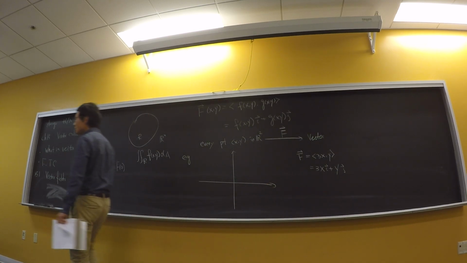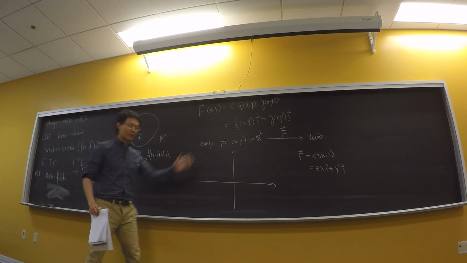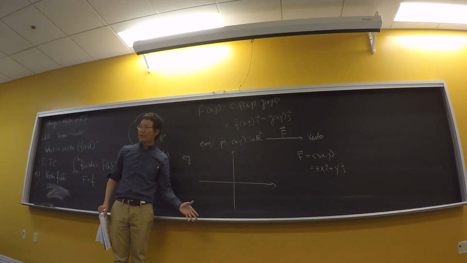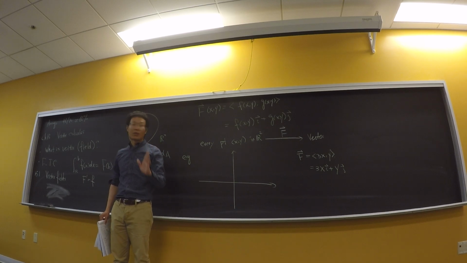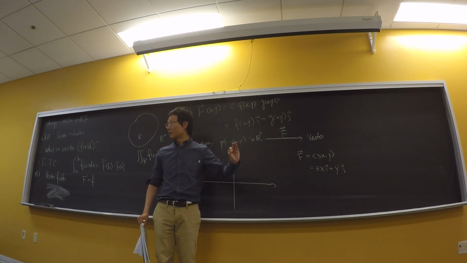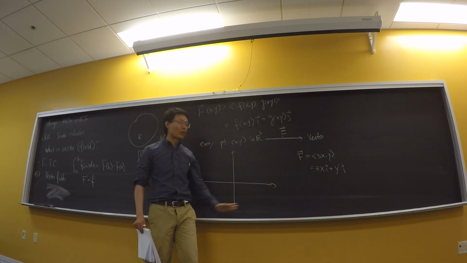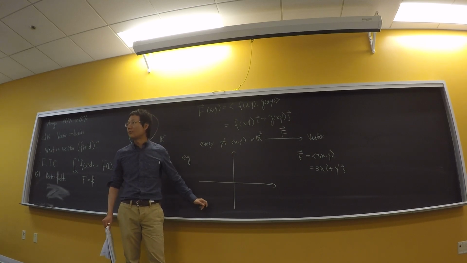The way of graphing the vector field is I find a list of points on R2, and then at every single point, according to this formula, I find the corresponding vector. Finding a list of points and a list of corresponding vectors and grouping them together gives the picture of a vector field.